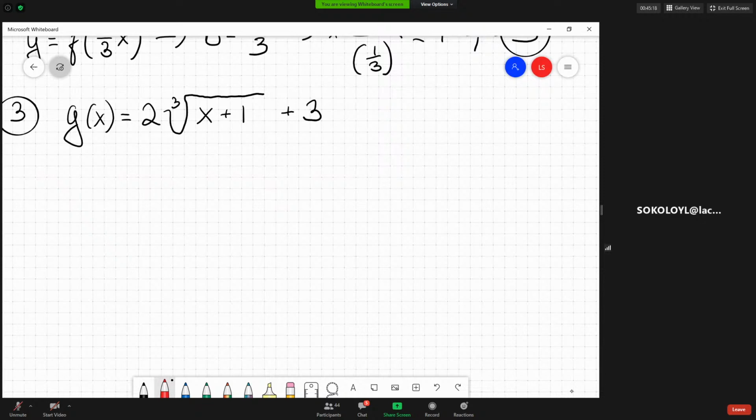So if I am transforming my parent function of cube root of x, we'll have to remember what that looks like. Let's say my first step is to replace x with x plus 1.